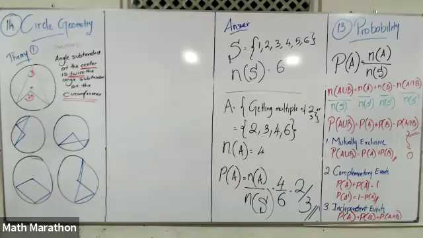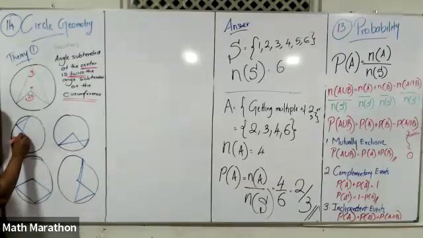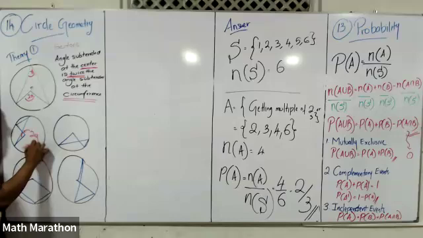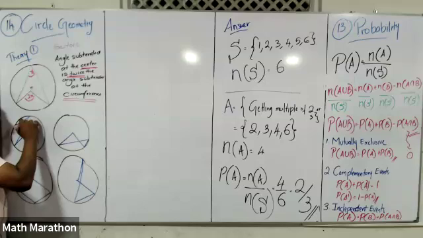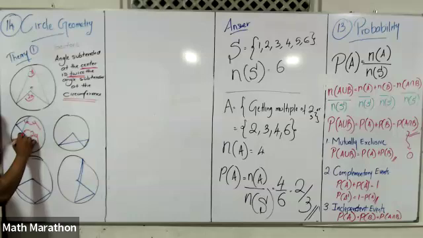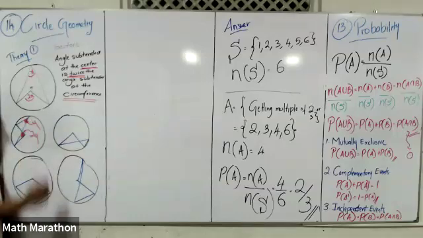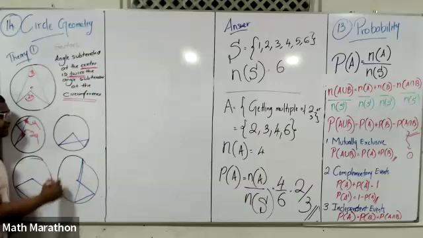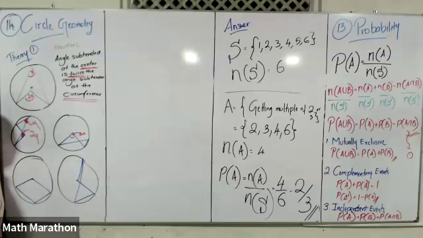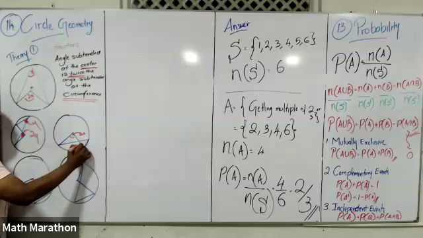What does the theory tell us? Angle subtended at the center. This is the center. This is the angle. It can be 2y. Angle subtended at the center is twice the angle subtended at the circumference. 2y and y. Angle subtended at the center, this can be 2a, is twice the angle subtended at the circumference.